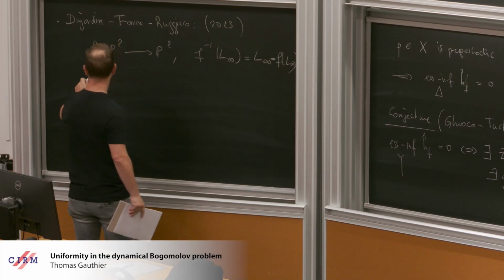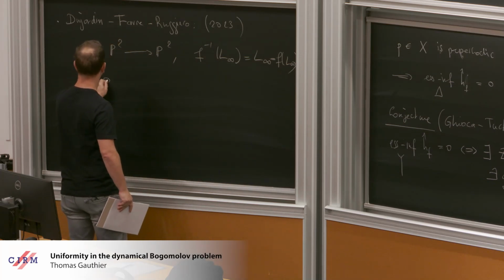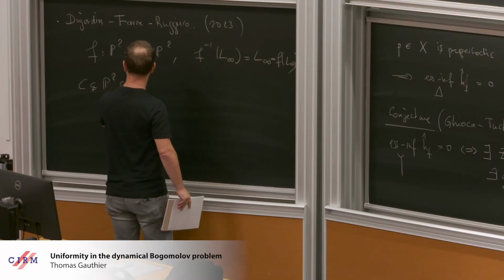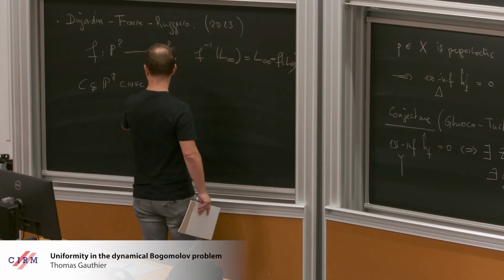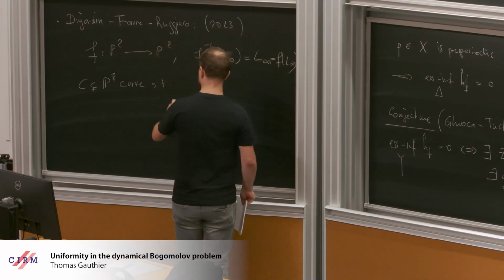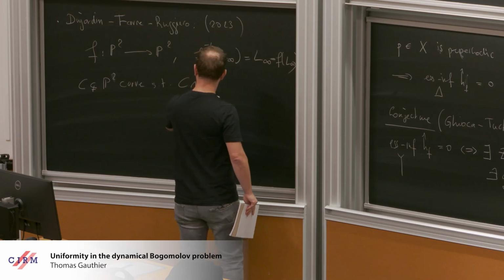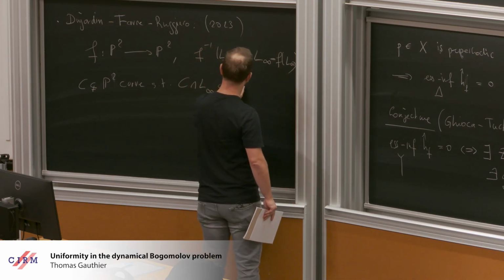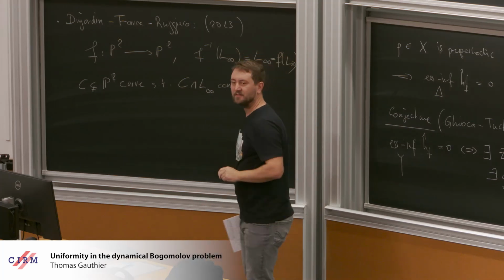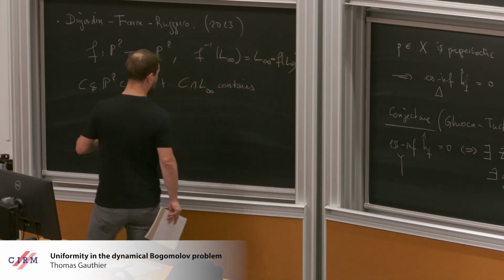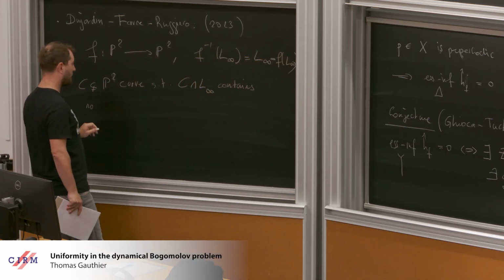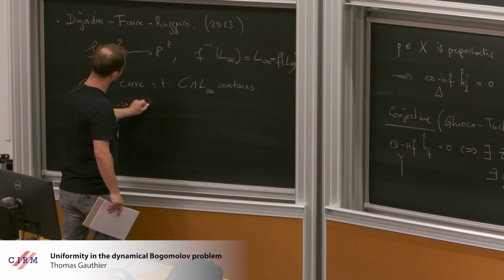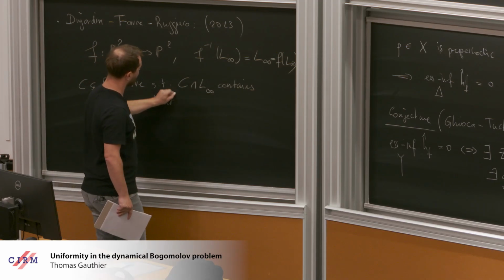So you take C in P2 to be a curve, irreducible again. And what you impose is that it intersects the line at infinity along points which avoid a certain property. It contains no pre-super attracting points. I'm going to mention what it means.